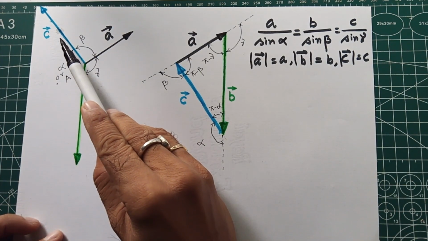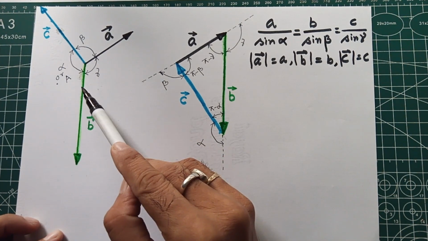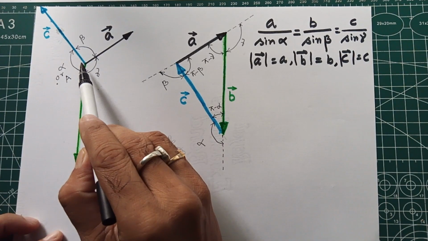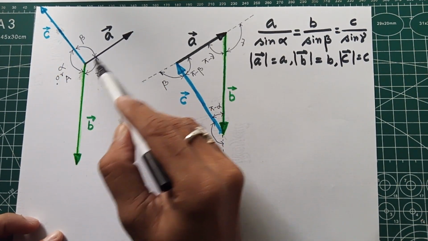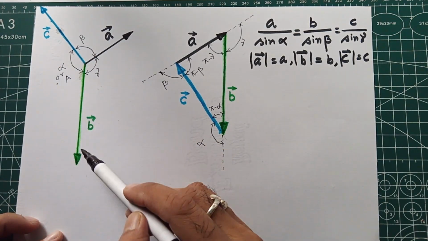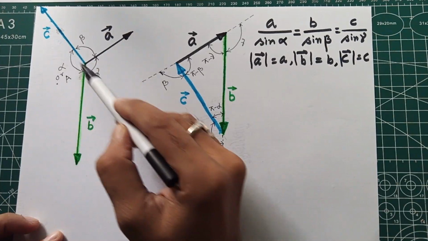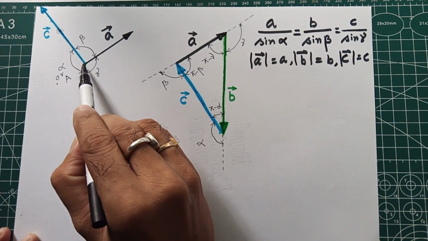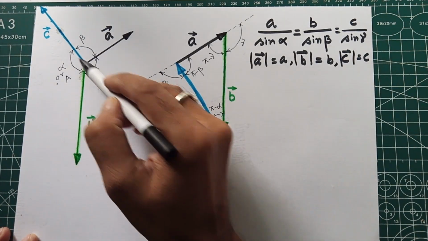That means three concurrent forces in equilibrium will form a closed triangle. So you will show the diverging vectors like this. These are forces or vectors, right? Means they will be basically forces. So for equilibrium, this is A, this is B, and this is C.